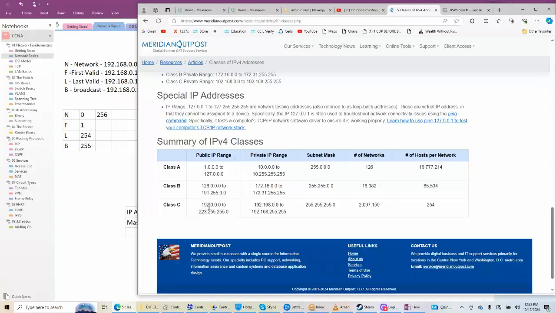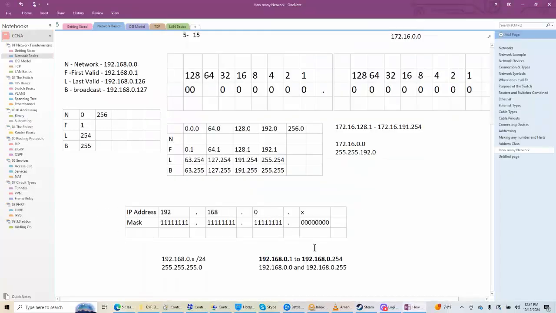You gotta understand that each one of these octets, if I'm using a 168, which we haven't talked about private IP addresses yet, but that's what I'm using, I can actually go up to 255 in this octet. So maybe I started with a 192.168. Maybe I need to go to a 169.